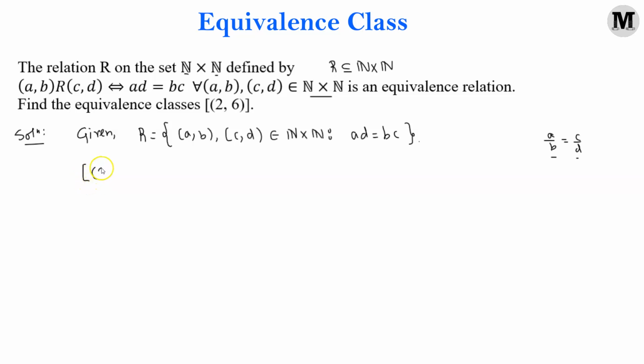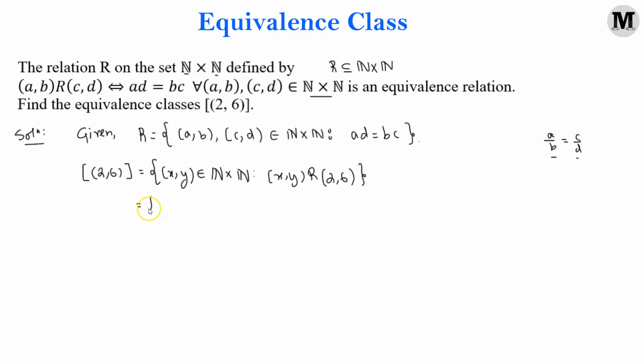Now we'll use the definition. The equivalence class of the ordered pair (2, 6) is simply defined as the set of ordered pairs (x, y), picked from the Cartesian product of the set of natural numbers with itself, with the condition that (x, y) has to be related to the ordered pair (2, 6).